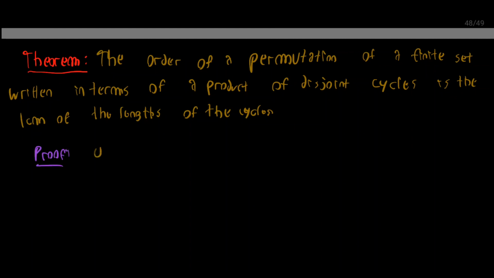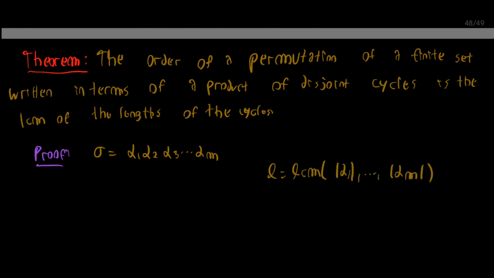Let's suppose that our permutation σ can be written as a product of cycles α_1, α_2, α_3, up to α_m. Okay, so now let's call L the LCM of the orders of α_1 up to α_m.